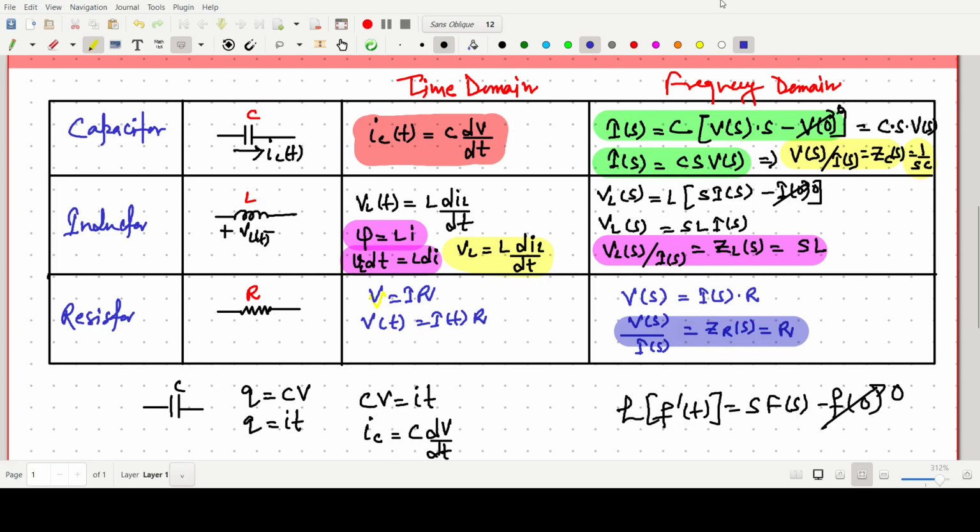So this is the concept behind. Sometimes it is a little bit confusing why the capacitor is 1 by sC, inductor sL, and resistor the same, no change. This is the reason: we have to think about the Laplace transform.